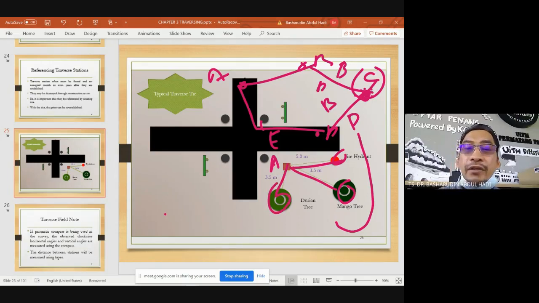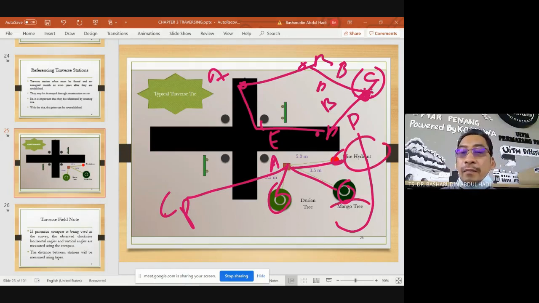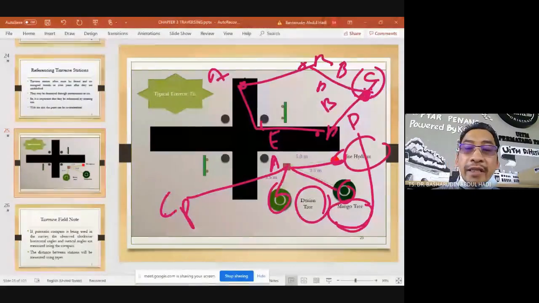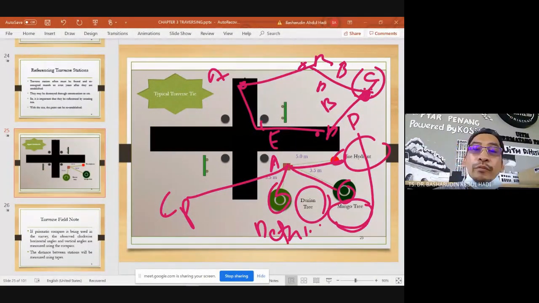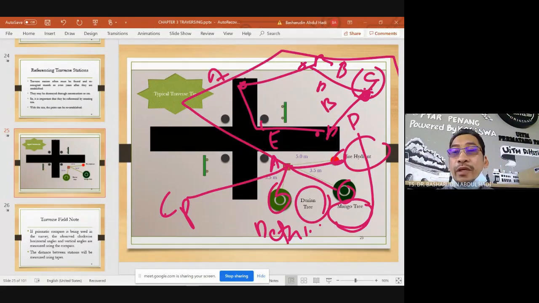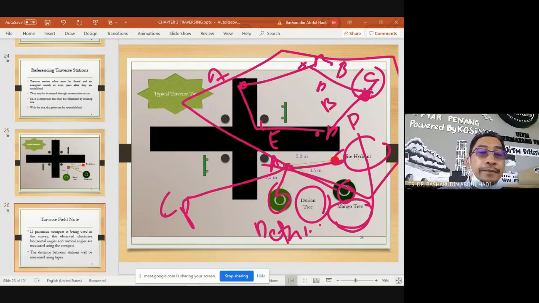So A is your control point. The fire hydrant, mango tree, and durian tree are your detailing. Still remember? Detailing. So A may be going to B, B to C, C to D, D to E, E to F, F to A.